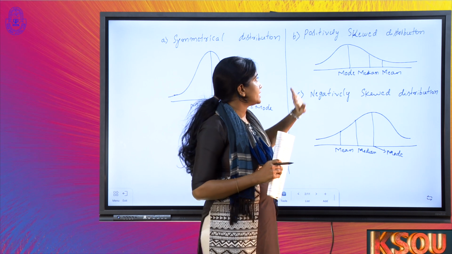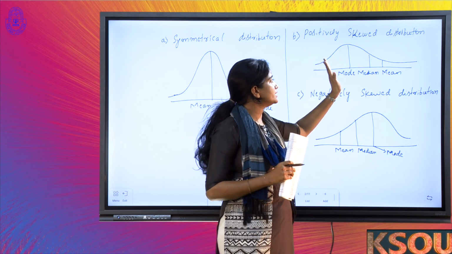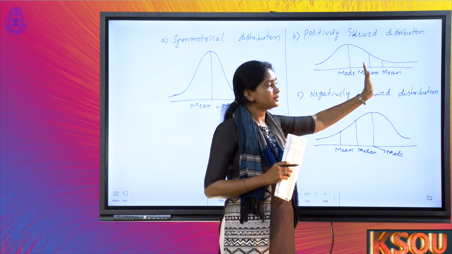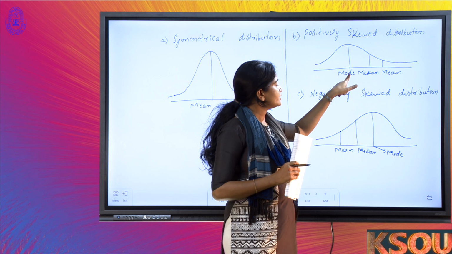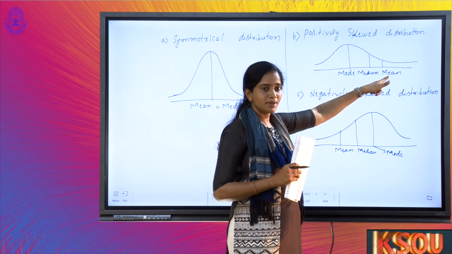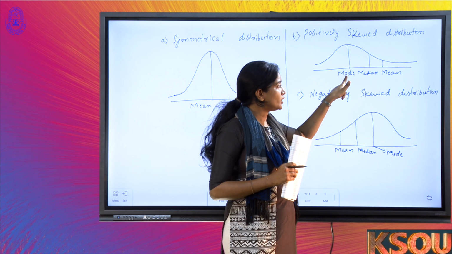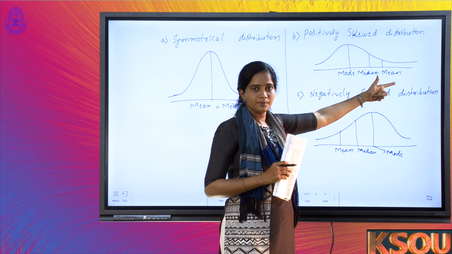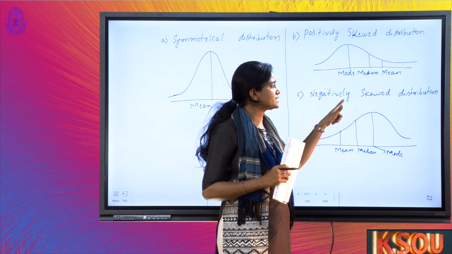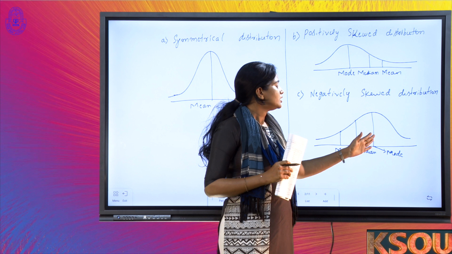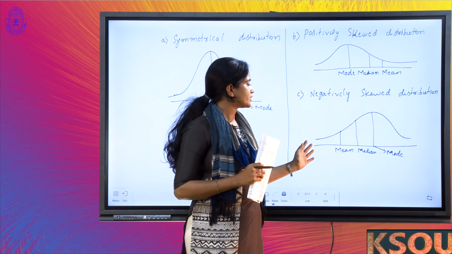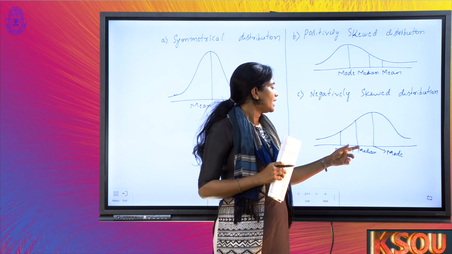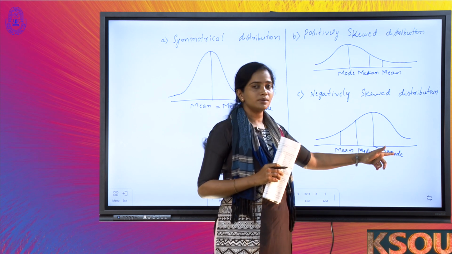In a positively skewed distribution, these are located on the right side of the normal curve. Here you can see the mean is the maximum, mode is the least and median is in between mode and mean. When we consider a negatively skewed distribution, these are located on the left side, and here mean is least, mode is maximum and median lies between mean and mode.